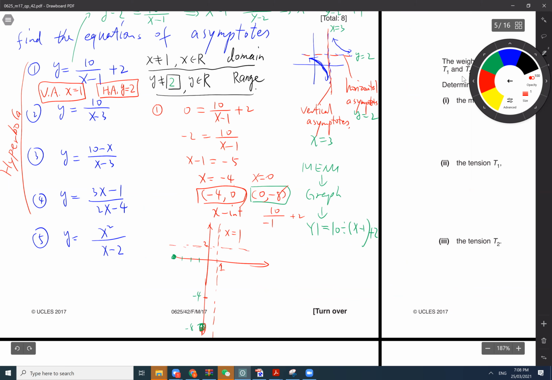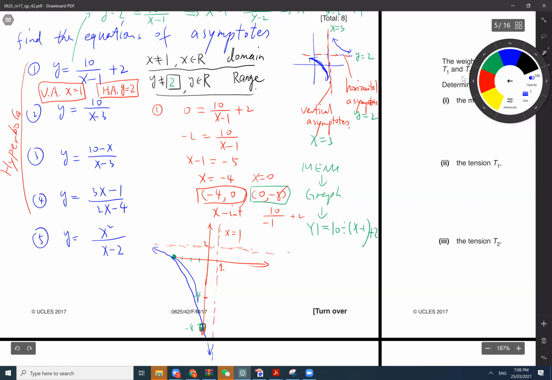Okay, how do we sketch the graph? We need our graph to pass through these two intercepts, which means the graph goes here and here and approaches this line. That's one side.